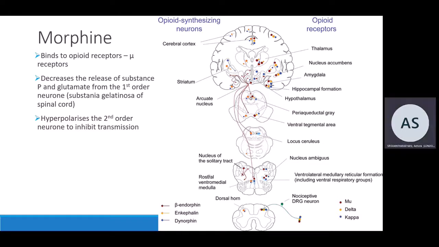This is where your spinothalamic tract comes in, and it crosses over and synapses. So it's just inputting in there and dampens down that sensation. It also hyperpolarizes your second order neurons to prevent them from sending information up to the brain, so you don't perceive that pain as much anymore.